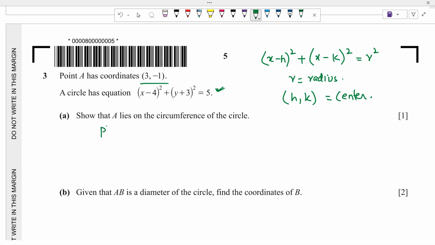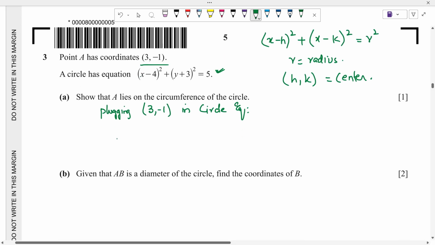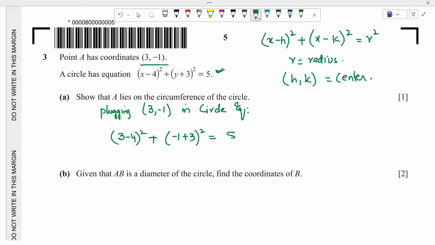So plugging 3 comma negative 1 in the circle equation. The x coordinate is 3, so this will be (3 minus 4) whole square plus (y plus 3) whole square. So y is negative 1, plus 3, whole square equals 5.